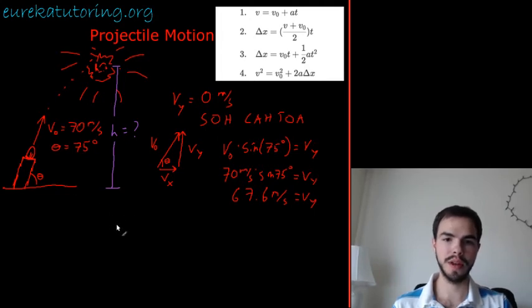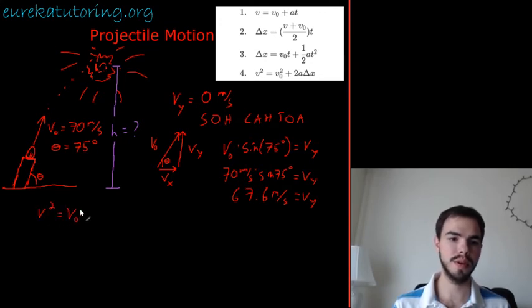We're going to set that up to be solved for delta y. So I'll write it out really quick here. We've got v final squared equals v naught squared plus 2a delta y.